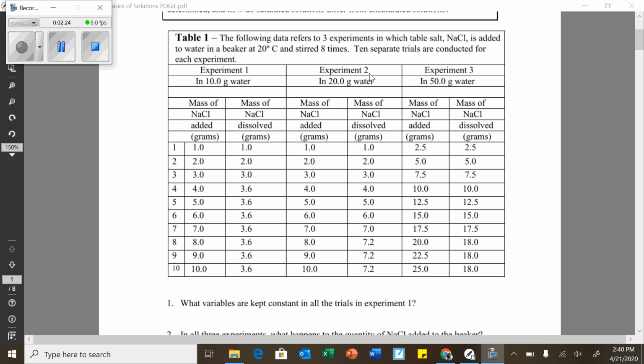Same in experiment 2, except this time we started with 20 grams of water. And then in experiment number 3, we started with 50 grams of water. What this is measuring here is how much NaCl we added in this column and how much NaCl actually dissolved. And so you guys are going to go ahead and analyze that data.